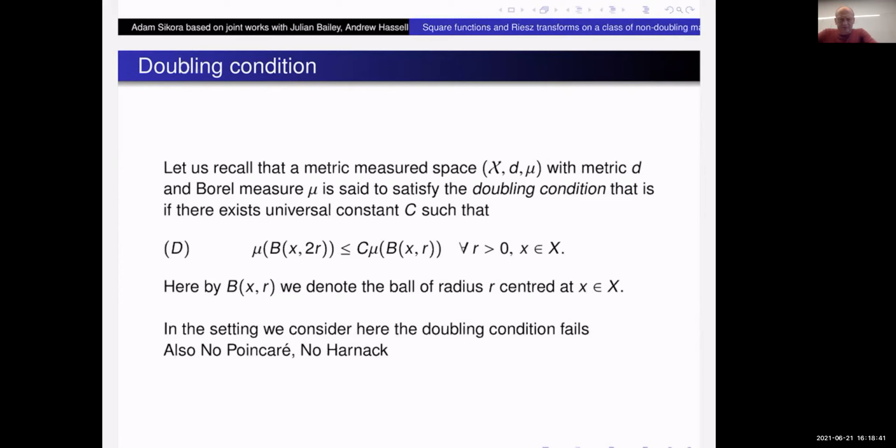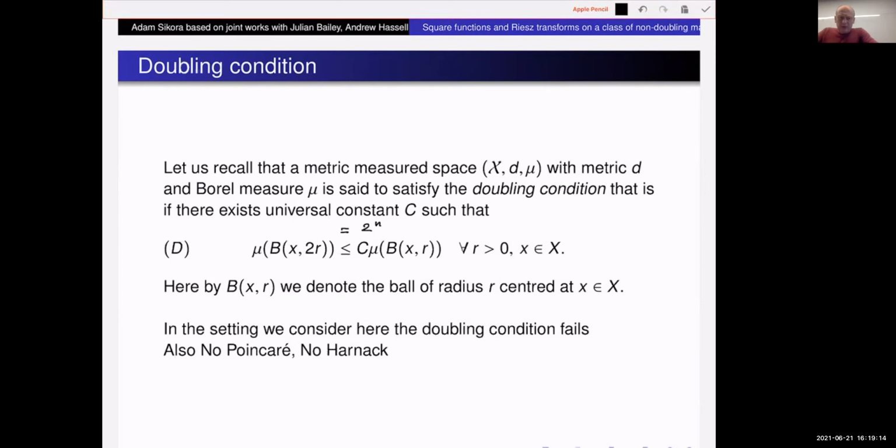But it's not quite enough. So the volume of the ball of twice the radius can be estimated by the volume of the ball with radius r, right? For R^n, for Euclidean space, this is something very obvious, because you will have equality, with 2 to the power n.